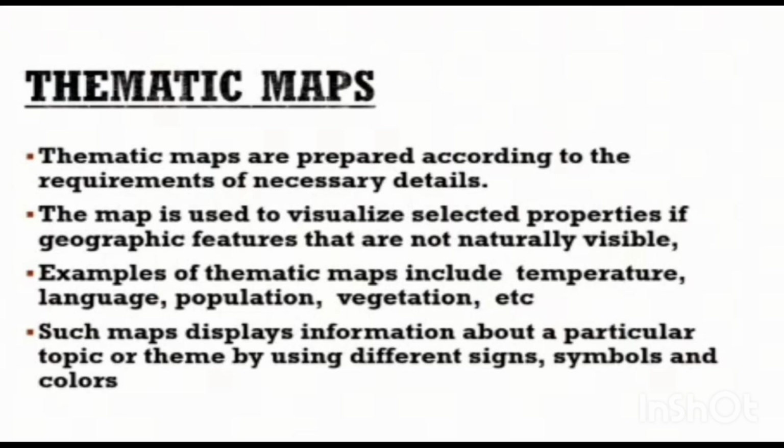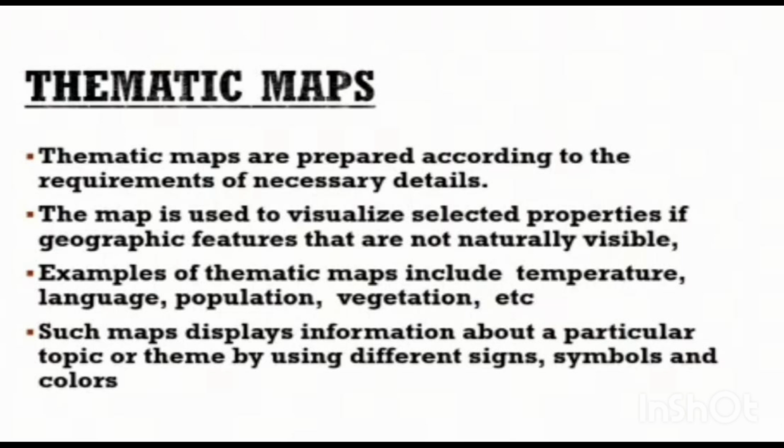So here thematic maps are prepared according to the requirements of necessary details. A map is used to visualize selected properties of geographic features that are not naturally visible. Examples of thematic maps include temperature, language, population, vegetation, etc. Such maps display information about a particular topic or theme by using different signs, symbols and colors.